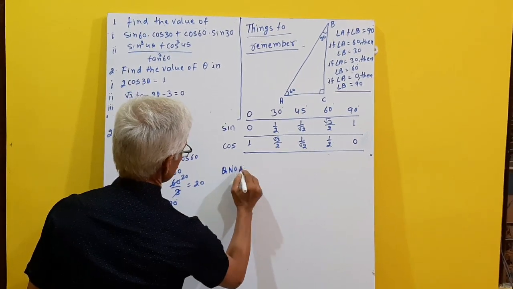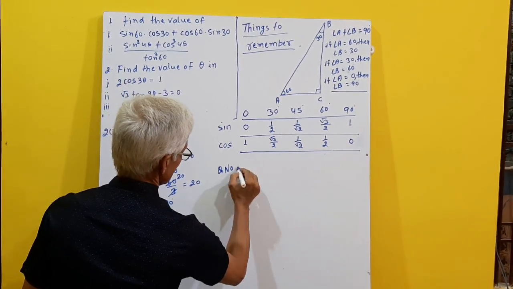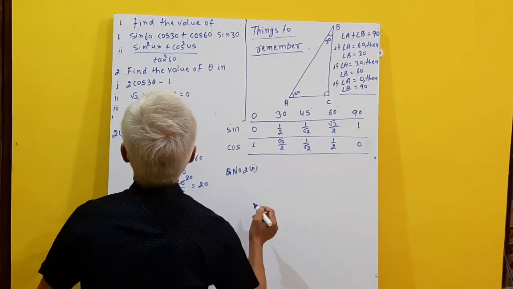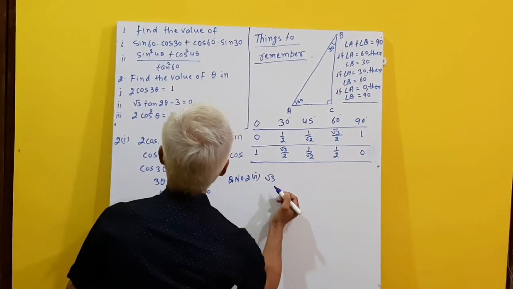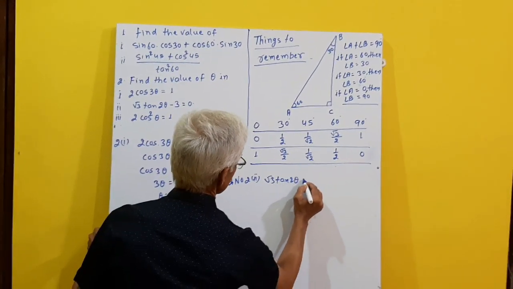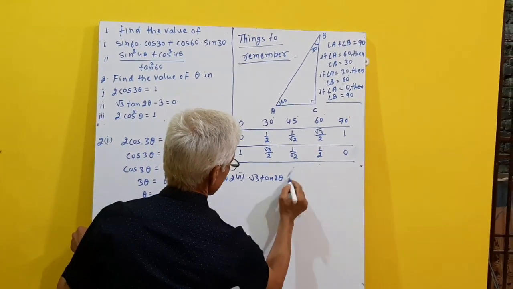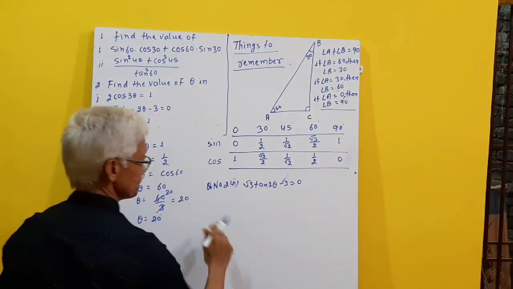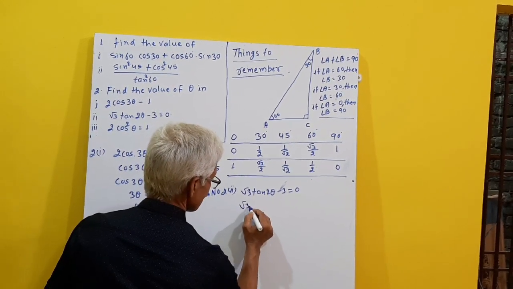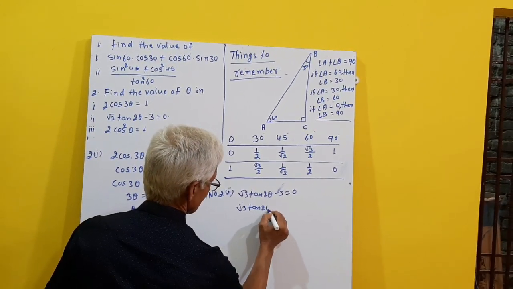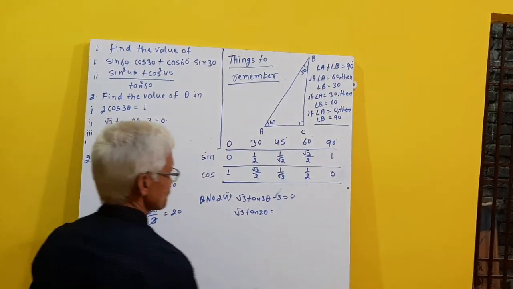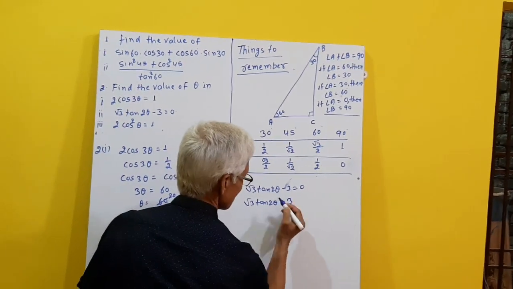Question number 2: root 3 tan 2 theta minus 3 is equal to 0. This is the question. First of all, this 3 is transposed to the right side, so it will be root 3 tan 2 theta is equal to 3.